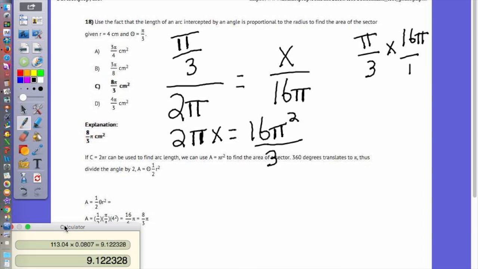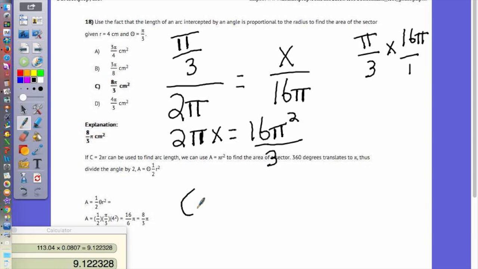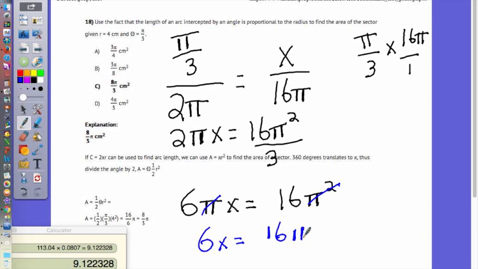So to clear that fraction, I'm going to multiply both sides by 3. I'm going to get 6 times pi times x equals 16 pi squared. I'm going to divide both sides by pi. And I'm going to get 6x equals 16 pi. I'm going to divide both sides by 6. And those are both going to simplify. They're both divisible by 2, to 8 pi over 3.